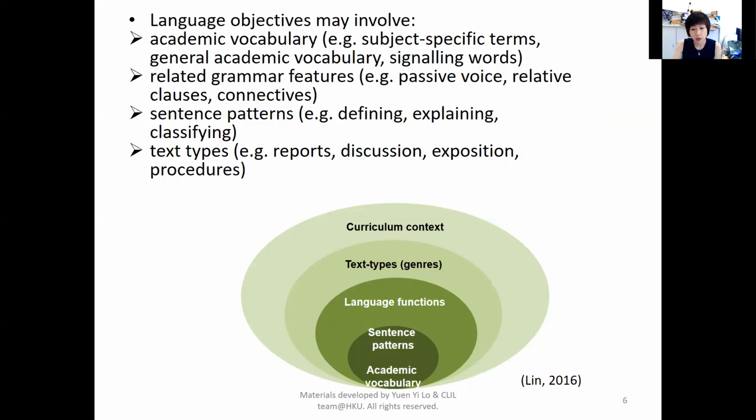To achieve these functions, the authors would use different vocabulary items, grammar features, sentence patterns, and also text structures. After analyzing these language features associated with the topic concerned, teachers can set the language objectives.